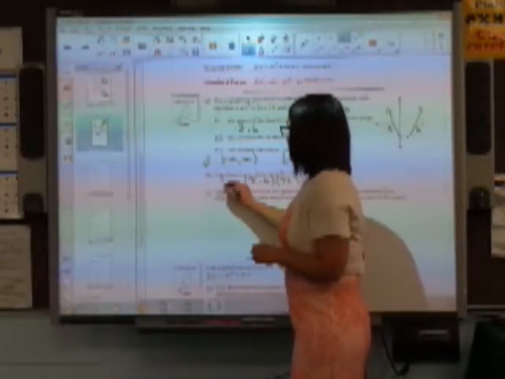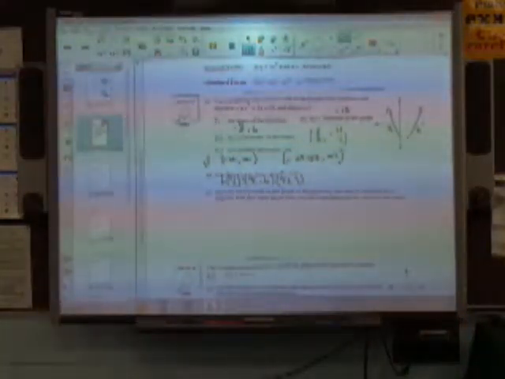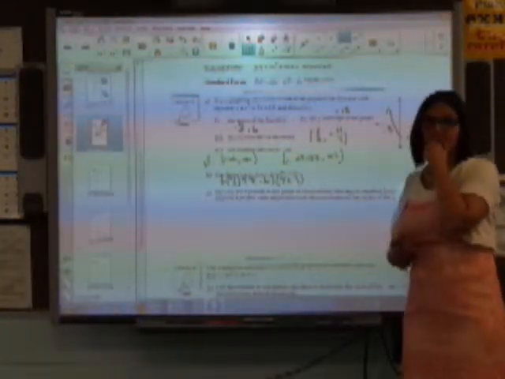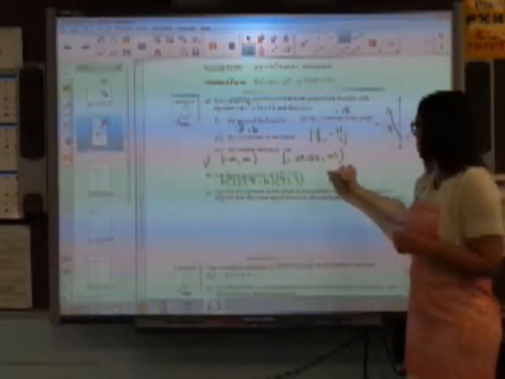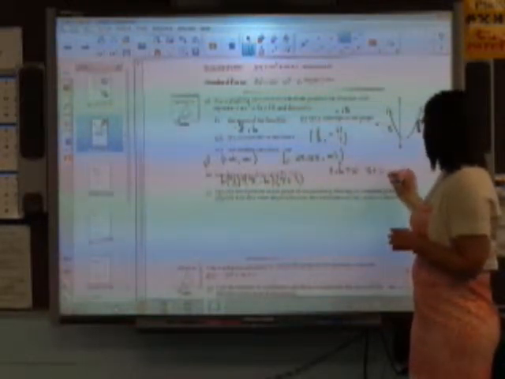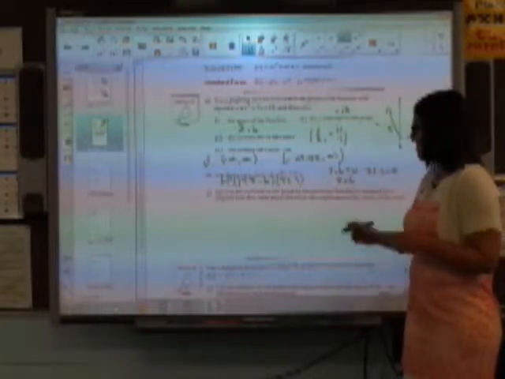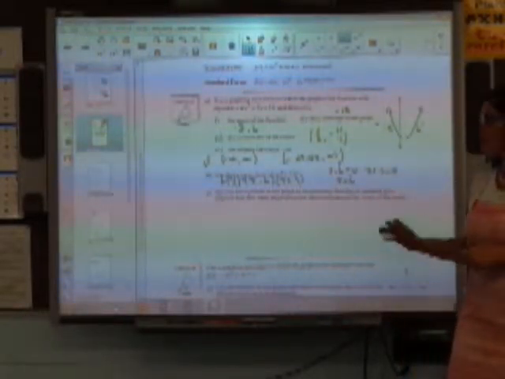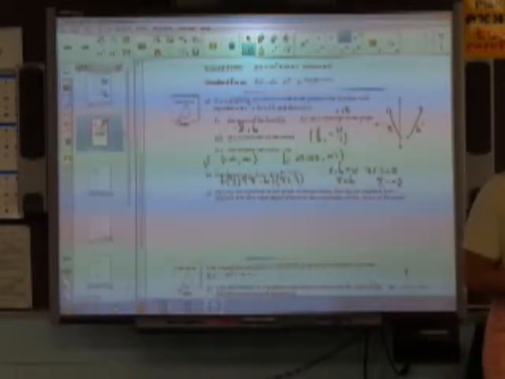So if I factor that expression, I get f of x equals x minus 6 times x plus 3. To figure out my zeros, let each of the factors equal 0 and solve. If x minus 6 equals 0, x would equal 6. If x plus 3 equals 0, x would equal negative 3.